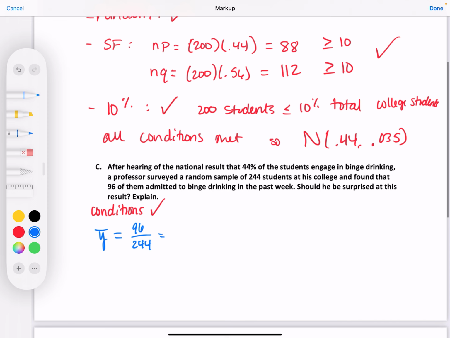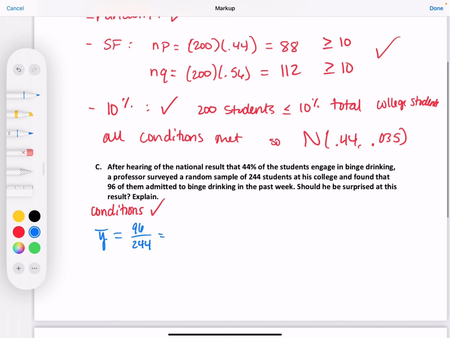Or do you know that off the top of your head? I'm gonna take a guess. So what's half of 244? 122. So 1/4 of that is 60. So it's between 25 and 50.